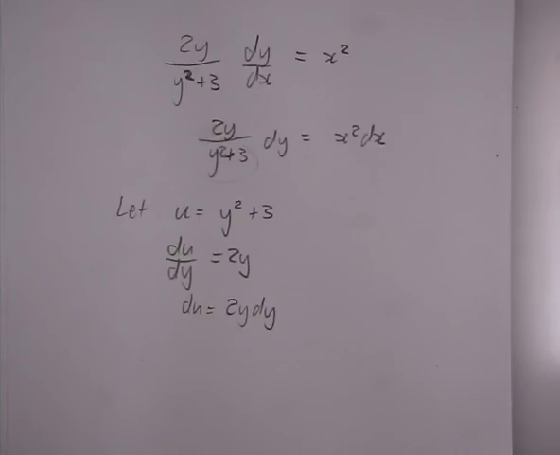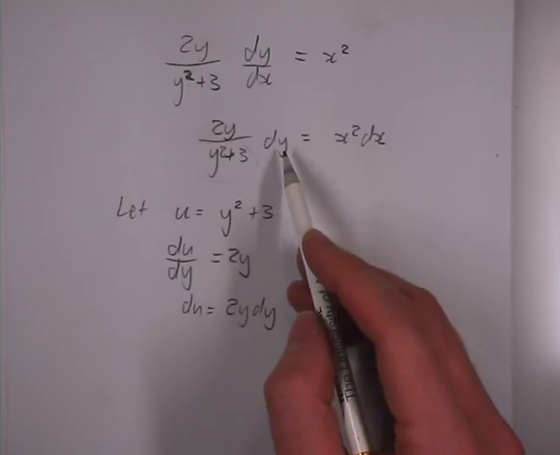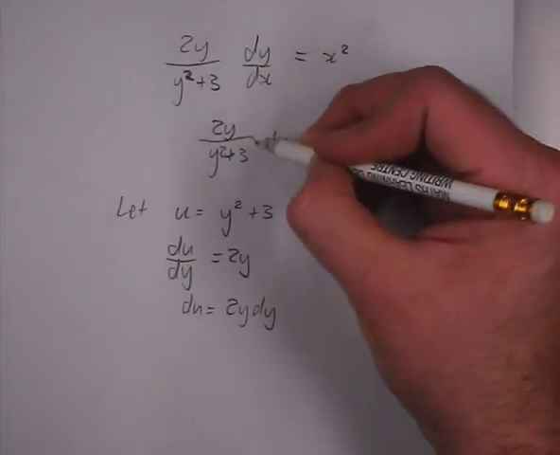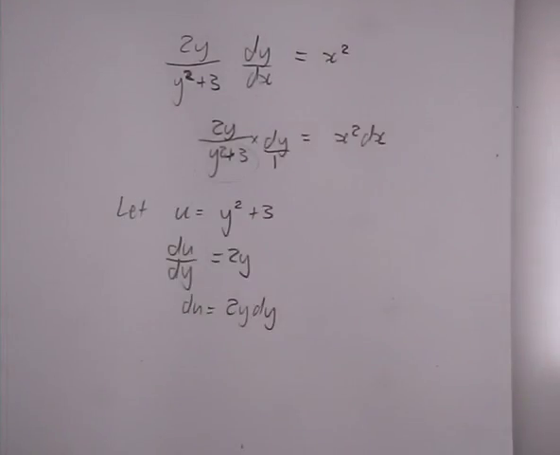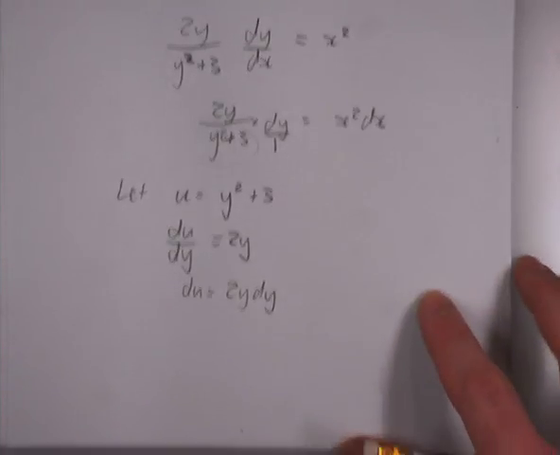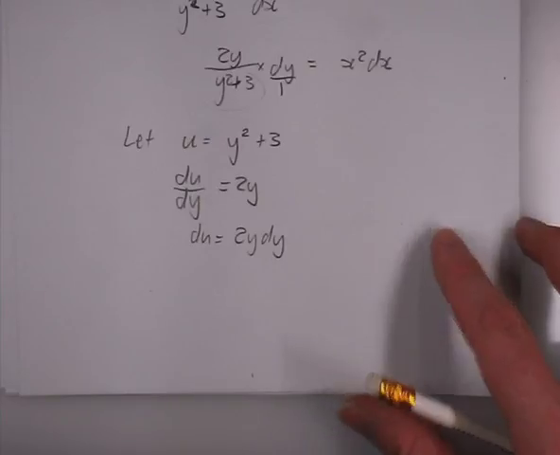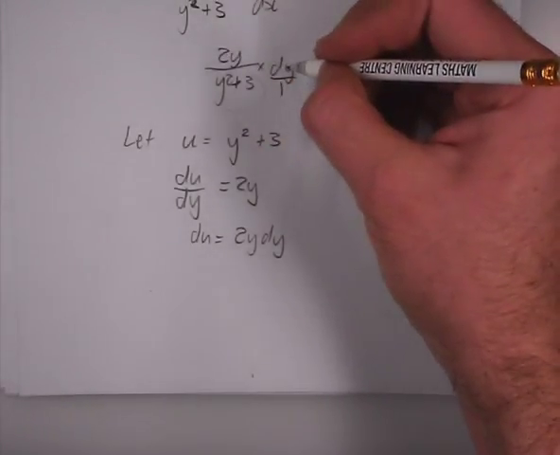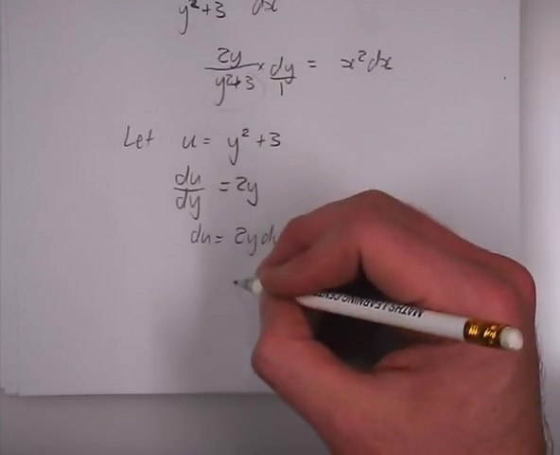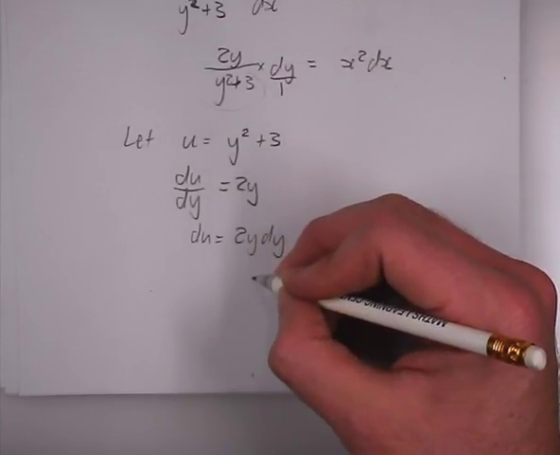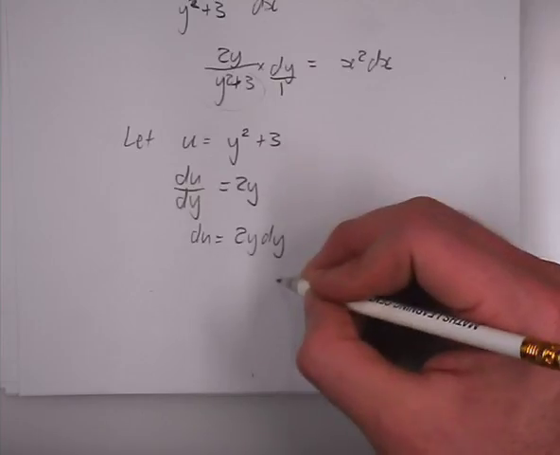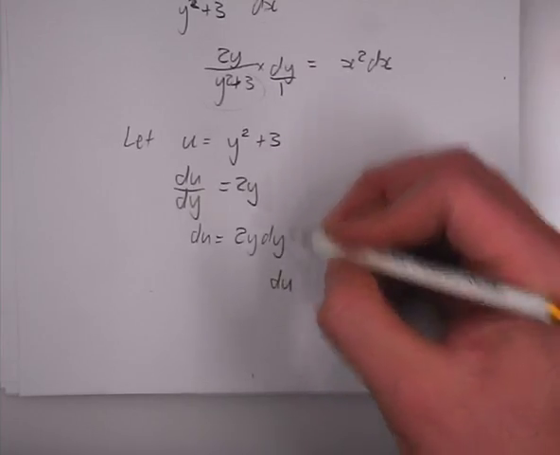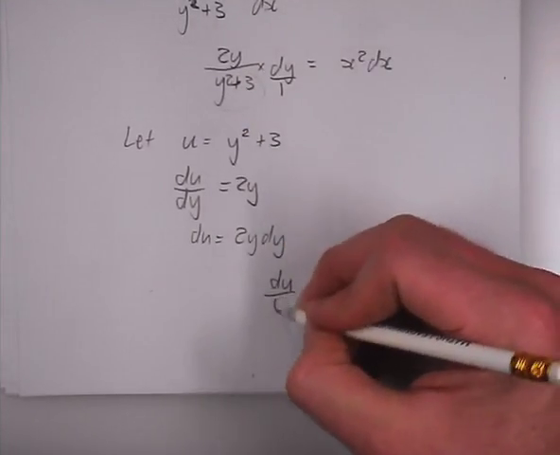So you'll notice that we have a 2y dy already, because if we think of that as a fraction, on the top of my fraction I have a 2y dy. So that 2y dy is in fact du, and this is u.